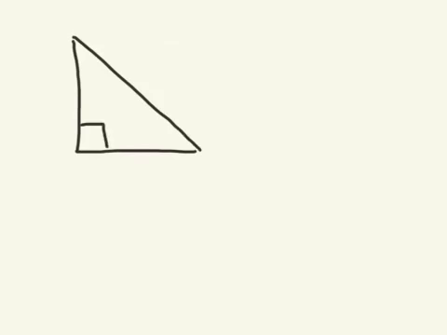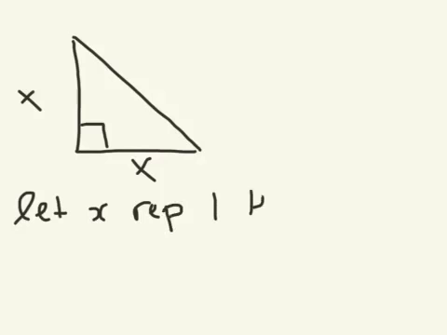Now, it says there that one leg is 1 centimeter longer than the other leg. And I think one of the things you guys remember is that this and this are my legs. Now, if one leg is longer by 1 centimeter, then we must say, let x represent one leg of the triangle.